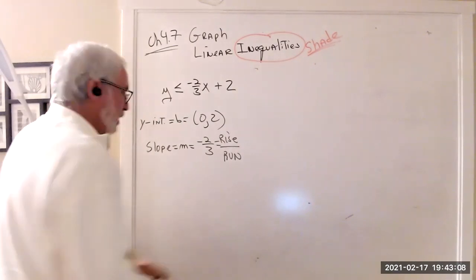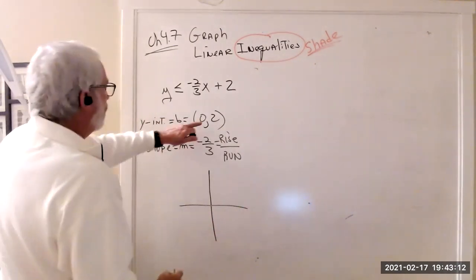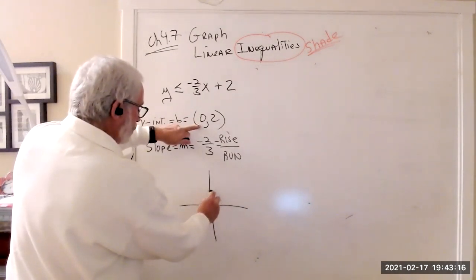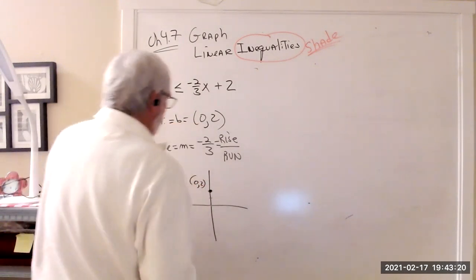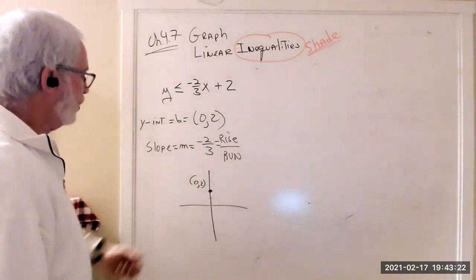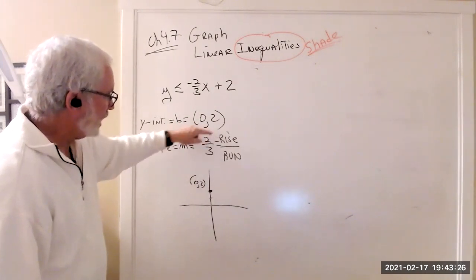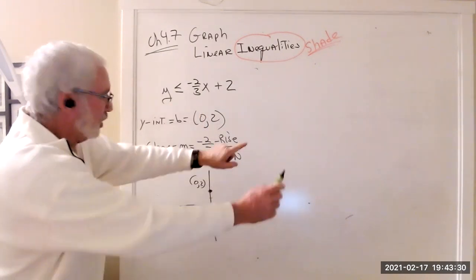Do I have room down? Yes, I do. So my y-intercept is 0,2, which is right there. Little bit tricky. I'm going to rise negative 2, down 2, run 3.